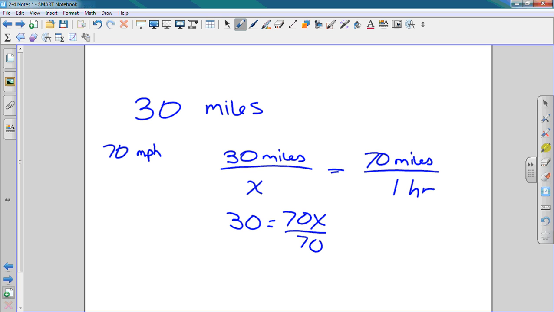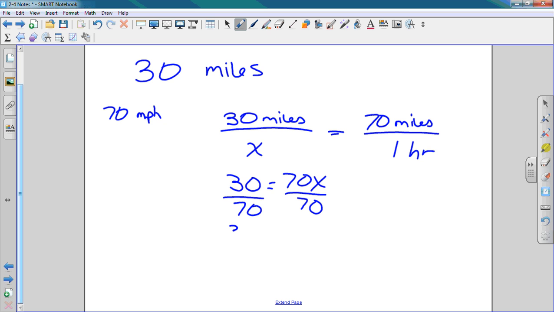Divide by 70, and I'm going to get 3/7. So it's going to take me 3/7 of an hour. Well, multiply that by 60. 3/7 times 60, so I can find out how many minutes. Gives me 180 divided by 7, which gives me 22 minutes. Is that right?